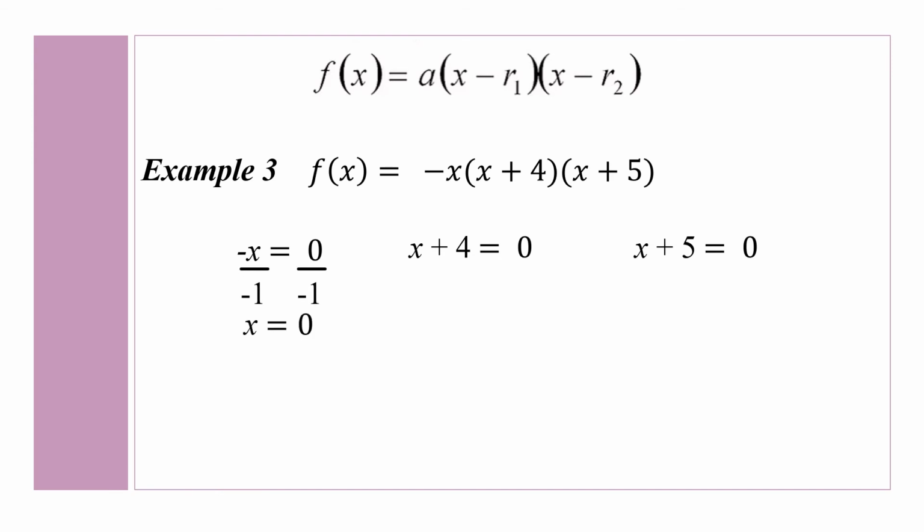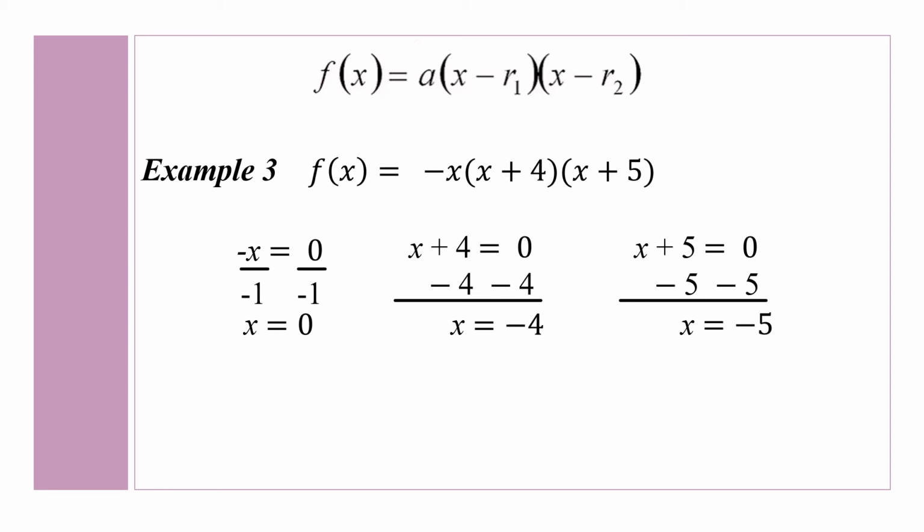X is equal to 0. The second equation, subtract 4 from both sides. X is equal to negative 4. And the third equation, subtract 5 from both sides. X is equal to negative 5. So this time we have 3 solutions. It's going to cross the x-axis 3 times, at x equals 0, x equals negative 4, and x equals negative 5. And this one is going to open down.